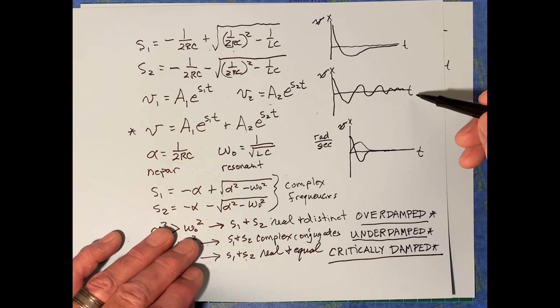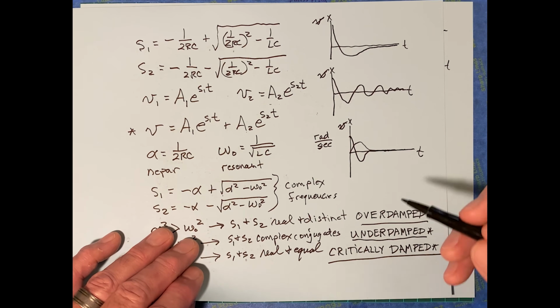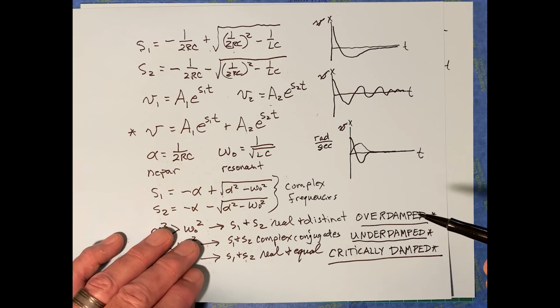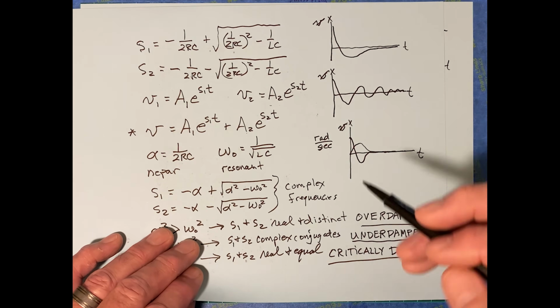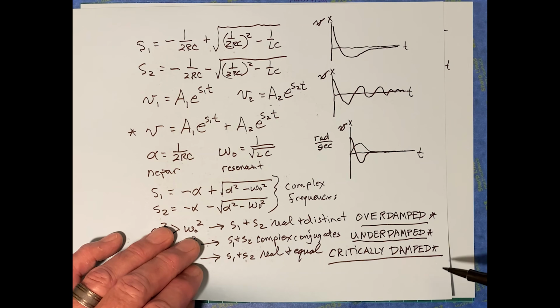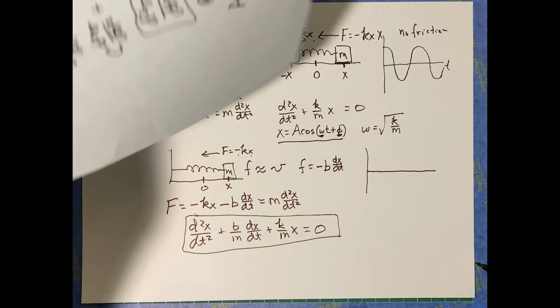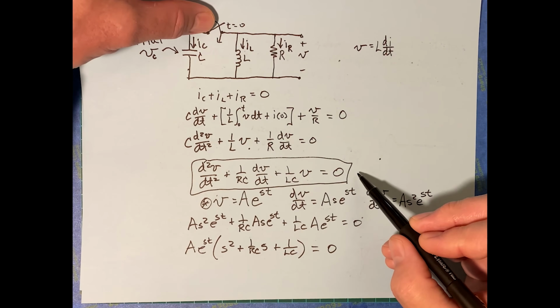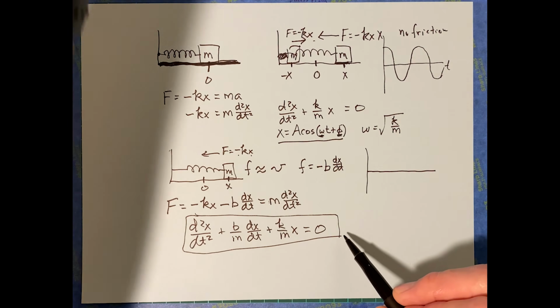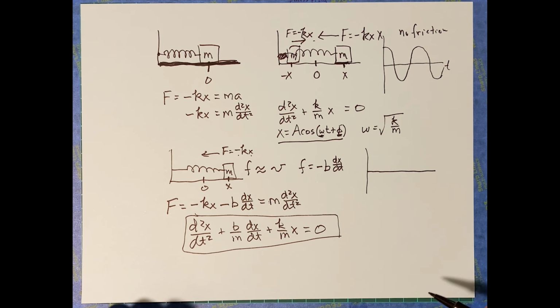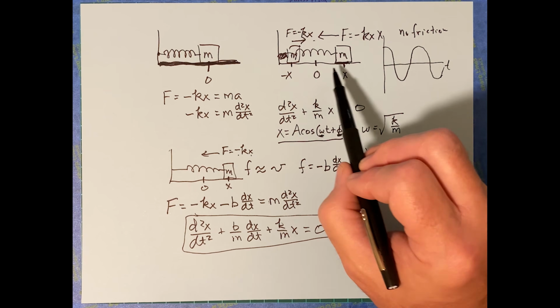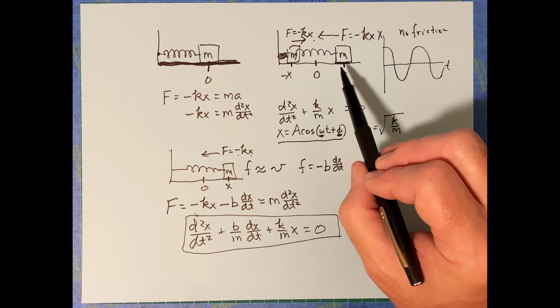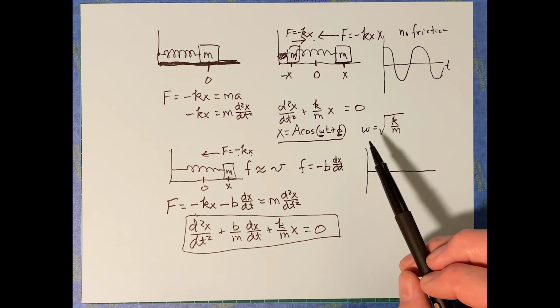Okay, so you can see maybe that gives it some physical significance here for our parallel RLC circuit, that we're going to have very, very similar situations. We're going to have not just one, two, we're going to have three potential solutions for our second order differential equation here. And I just wanted to show you that there are parallels between a real-life physical oscillating system and our parallel RLC.